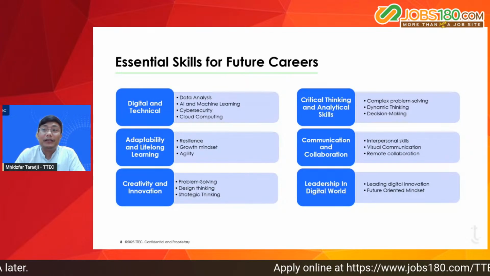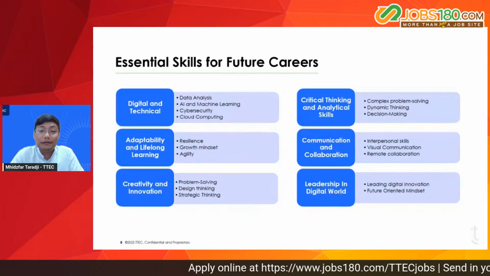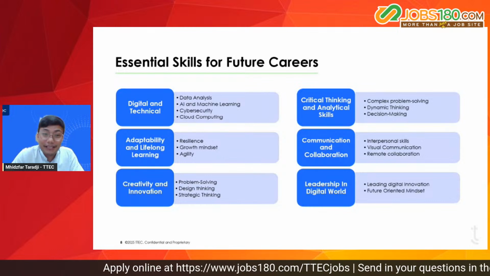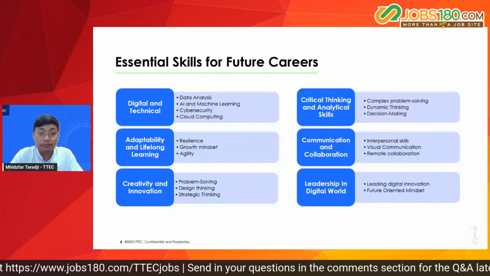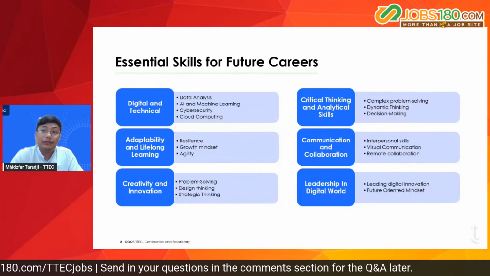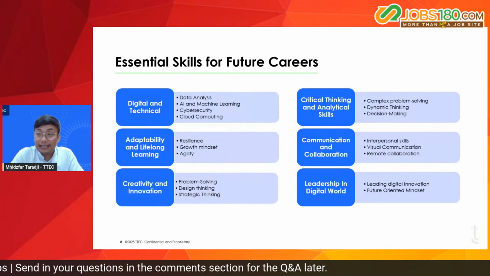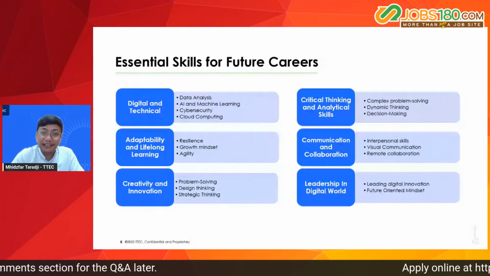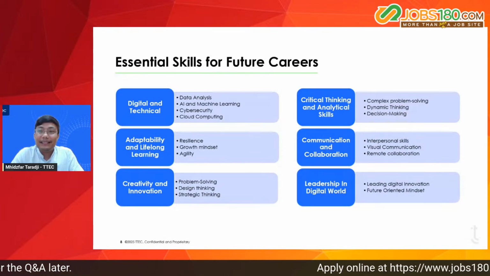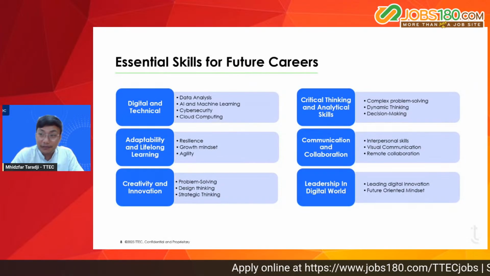So we need to make sure, guys, that we learn, and we need to adapt to the changes. Again, there are rapid changes happening right now. We need to make sure that we know how to cope with the changes that are happening, and we need to be resilient when it comes to change. Next is creativity and innovation.